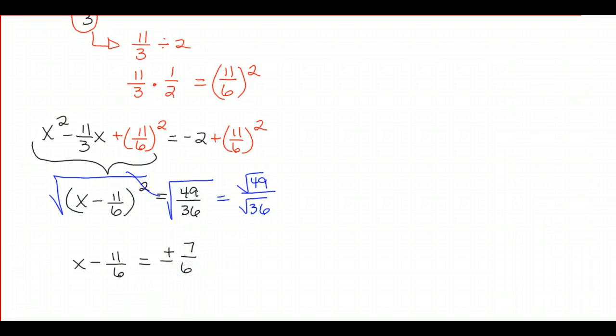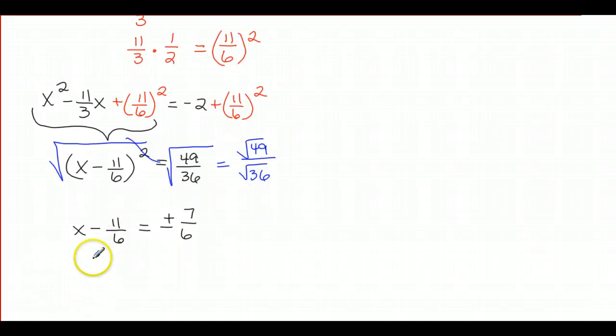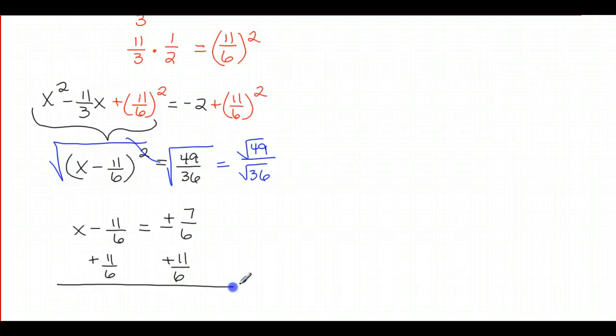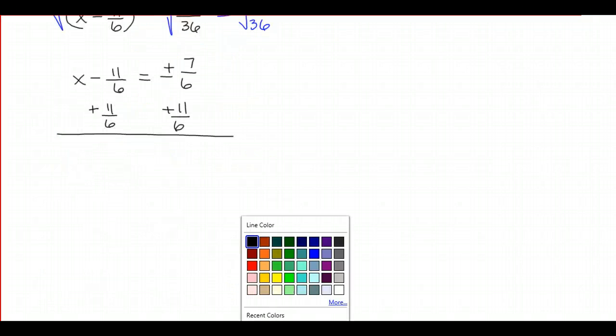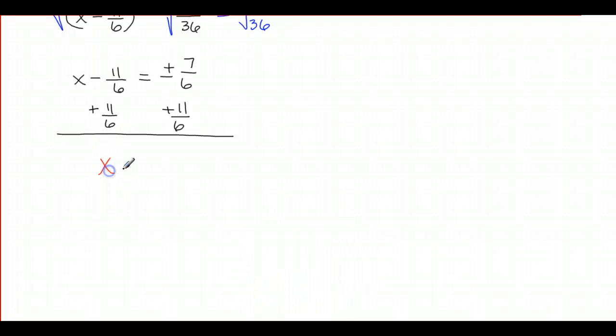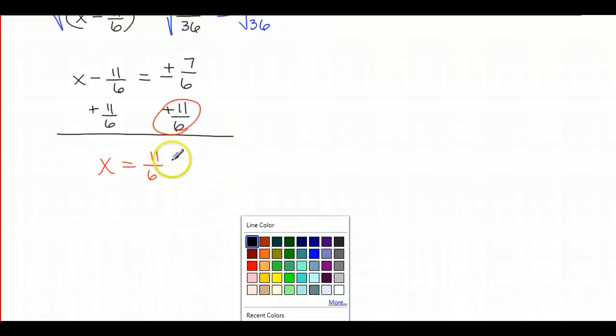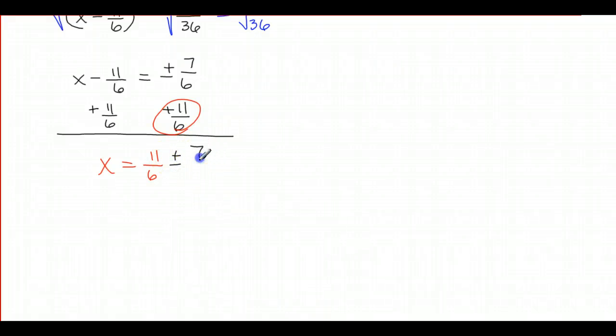The next thing that we need to do is add 11 over 6 to both sides of the equation. And when we do that, we are left with x equals, I'm going to put the 11 over 6 first, so positive 11 over 6, and then I'm going to write my plus or minus 7 over 6. Since there are no radicals left in this problem, I'm going to break this into two problems.